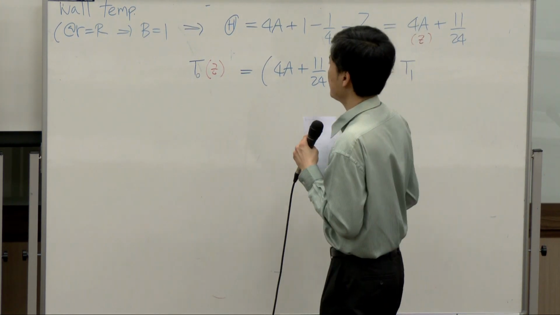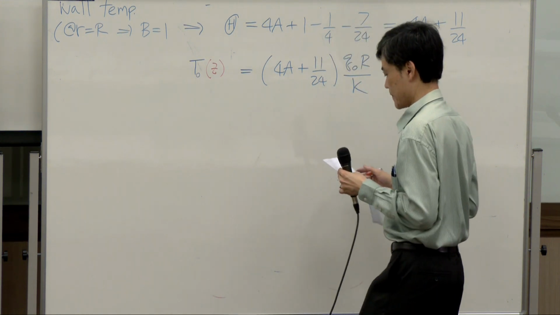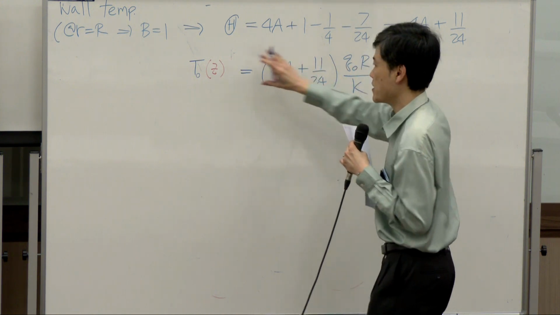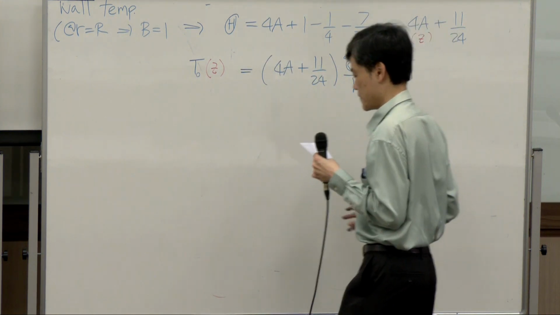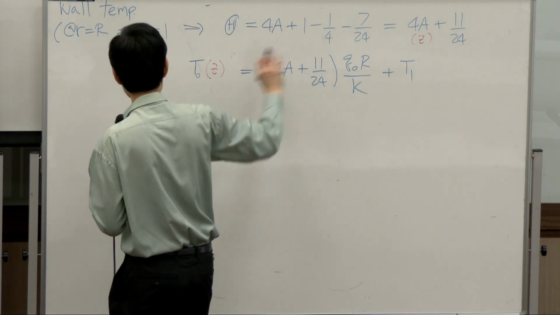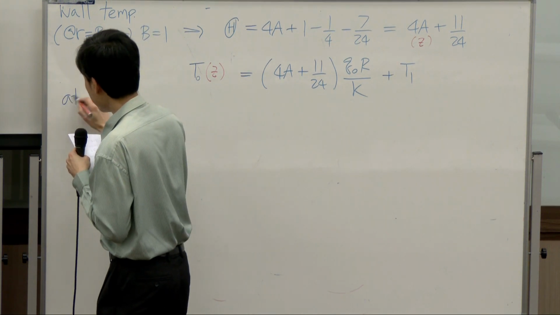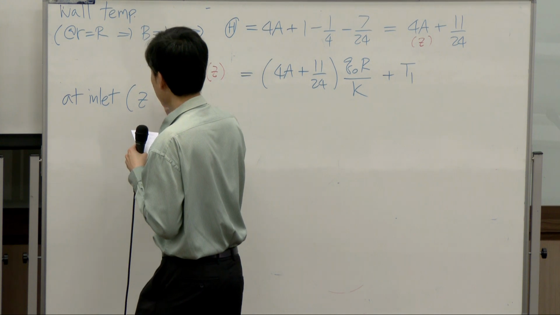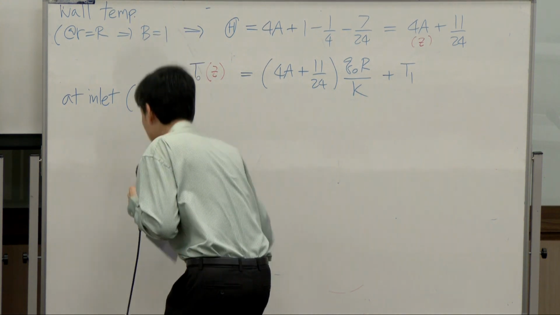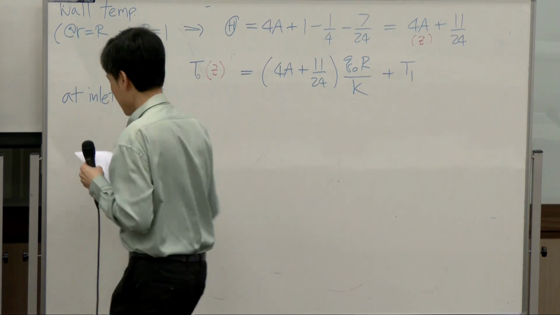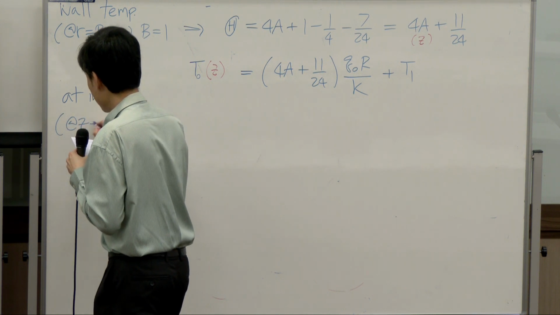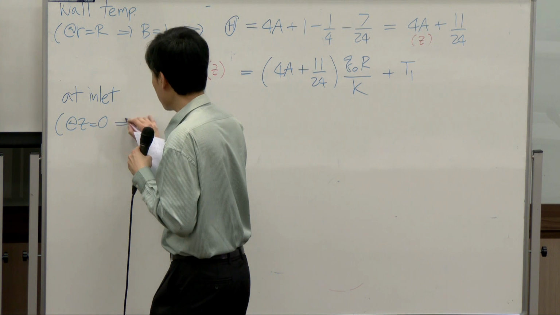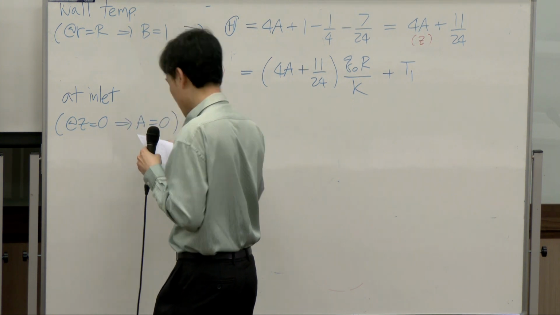All right. Now, we already found the equation representing wall temperature. Okay? So if I apply this equation at the inlet, meaning at Z equal to 0, when Z equals 0, it means A is equal to 0.